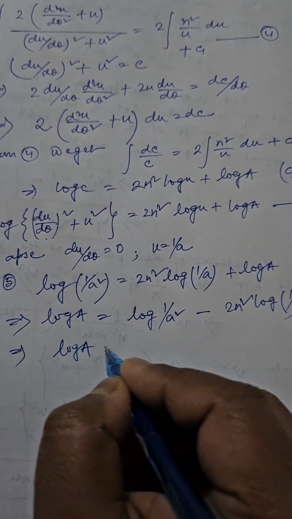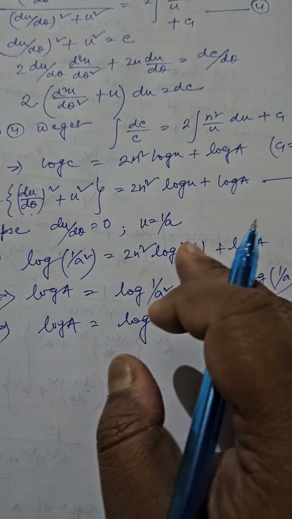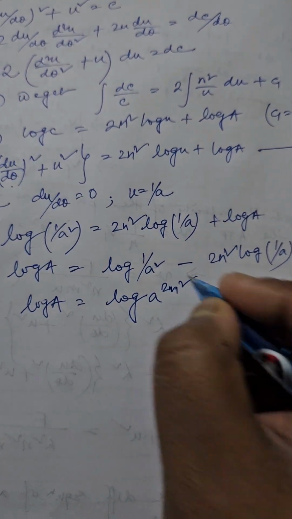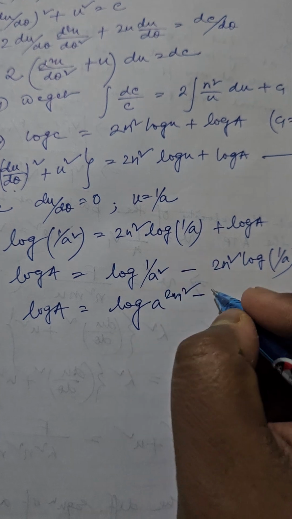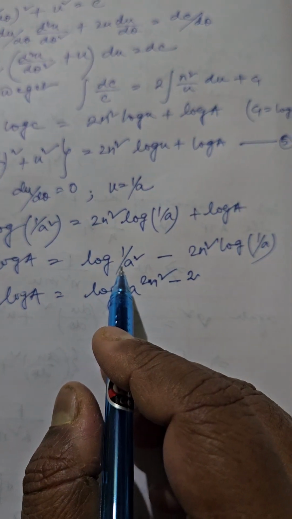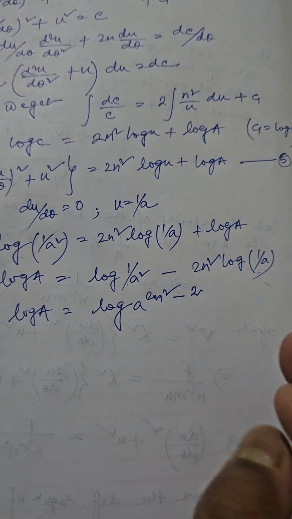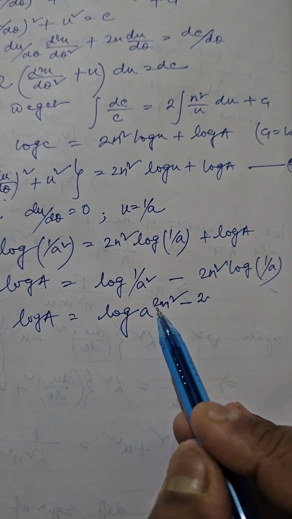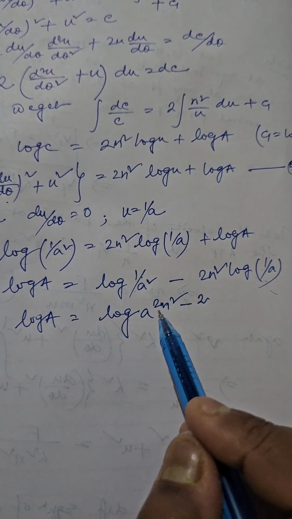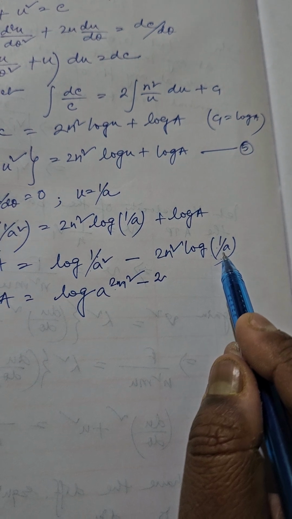So log of A will be log of a to the power 2n square minus 2. You can consider this one as a to the power minus 2, this part as a inverse, so adjusting this will give you a to the power 2n square, and from here you will get minus 2. So log of a to the power 2n square minus 2. I repeat, this is log of a inverse.